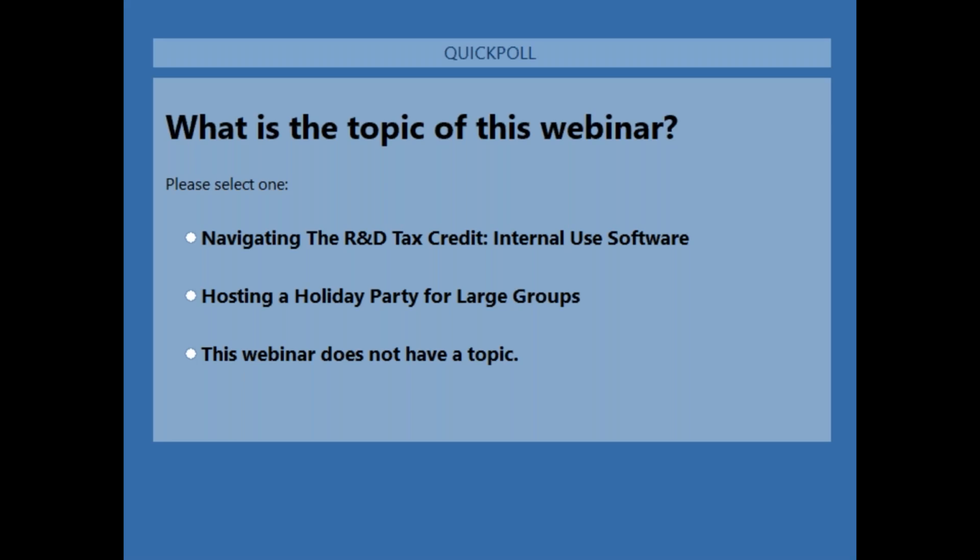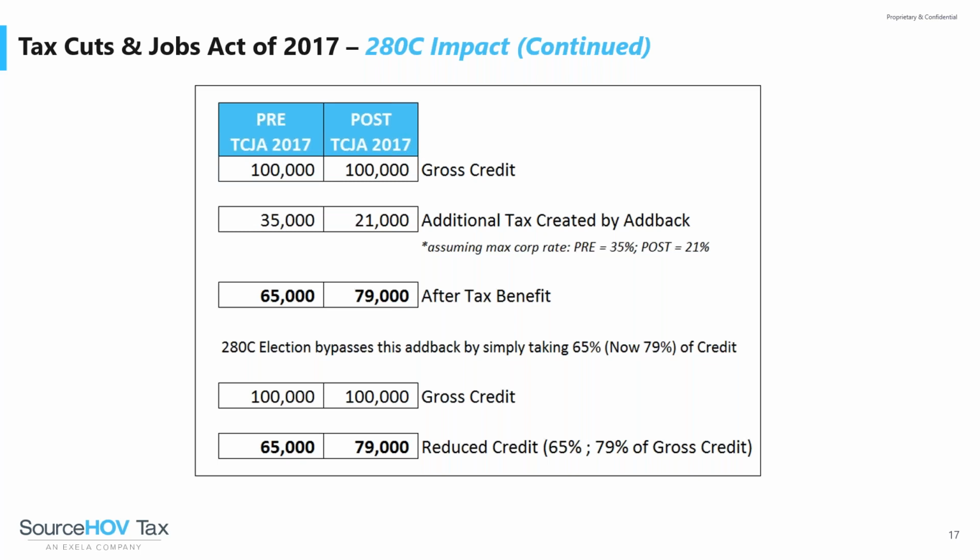Great, I'll give you about 10 more seconds just for those couple of people who answered the first question but not the second one. You do need to answer all three to get the CPE credit. And just in case we do run over time, we'll be sending out a recording and the slides, and I'll be hanging out for a little bit after the webinar as well. If you have questions, ask them in the chat, even after the webinar is over, and I'll make sure they get to the right person. All right, looks like we got all our answers, so I'm going to close the poll and take it away.